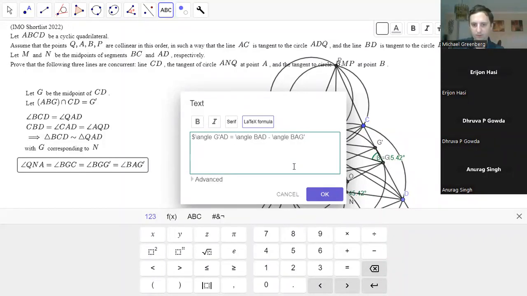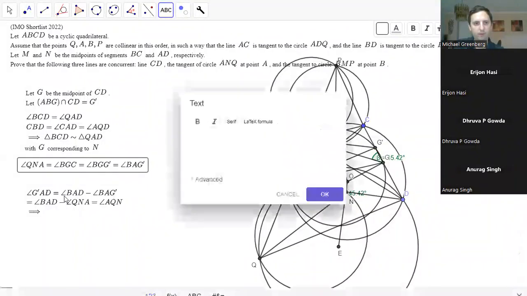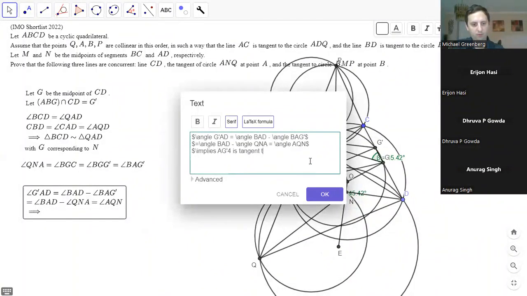BAG prime, which is angle BAD minus angle QNA, which is angle AQN. That implies that, so if G prime AD is AQN, that implies that AG prime is tangent to the circle AQN.